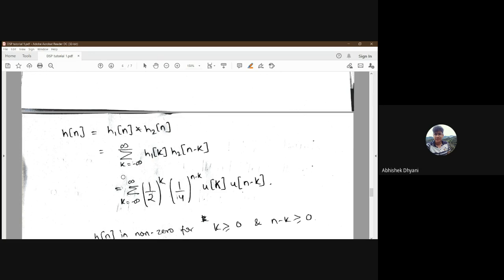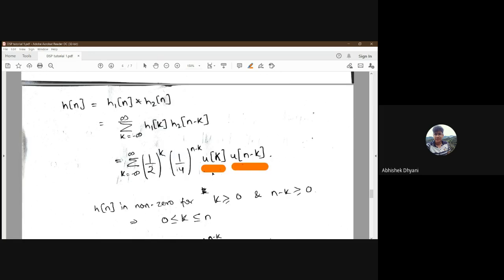Now, when I substitute h1[k] and h2[n minus k] into this expression, I get this. Now we can make use of the right-sided nature of u[k] and u[n minus k] in order to further simplify this summation.